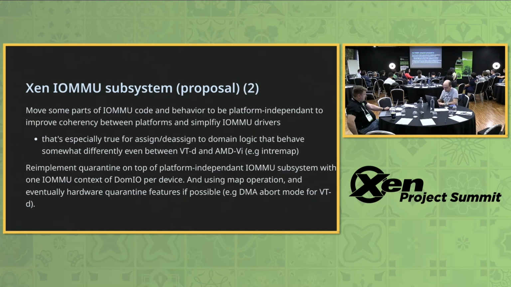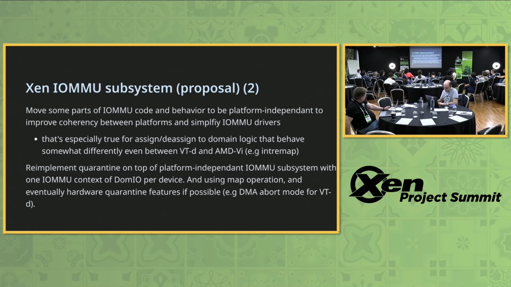So some ideas are to move some parts of the IOMMU driver code and behavior to platform independent code, to make sure that we have some coherency between platforms, and also to simplify the work on IOMMU drivers and implementing new platforms like RISC-V.